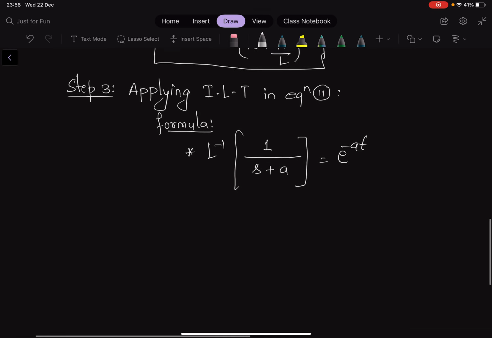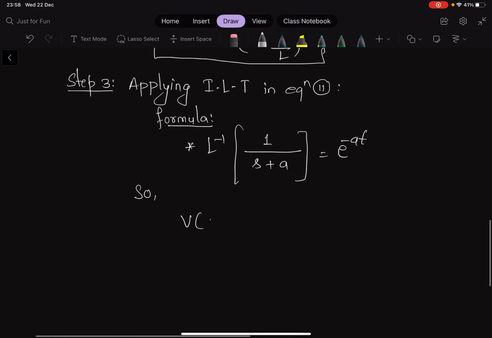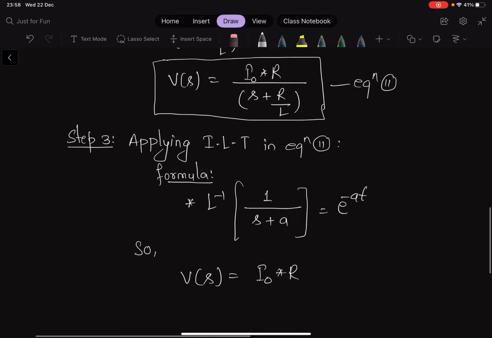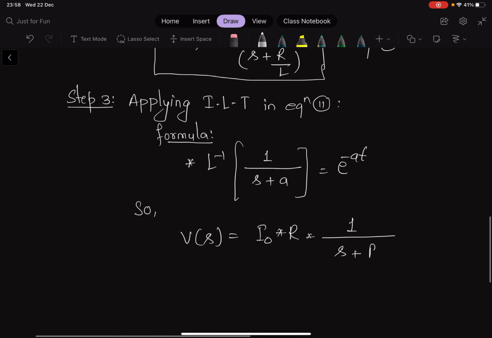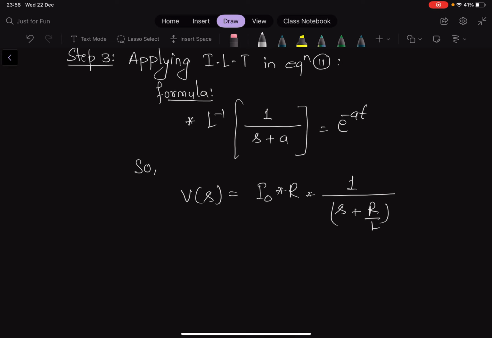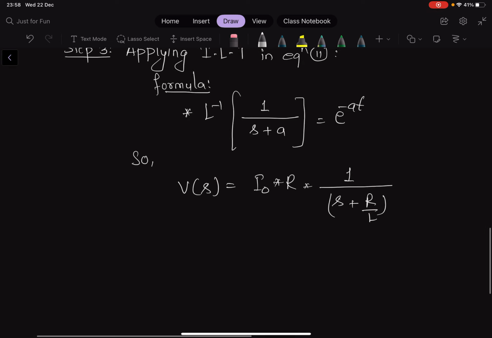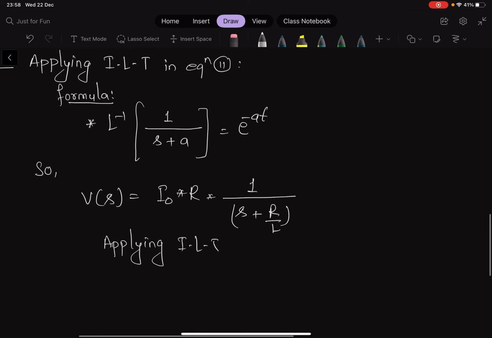So our equation, Vs equals I naught times R, multiplied by 1 divided by s plus R over L. You can clearly see the whole thing has a similar structure. Now we can apply the inverse Laplace transform. I forgot to mention there is another formula I'm using here.